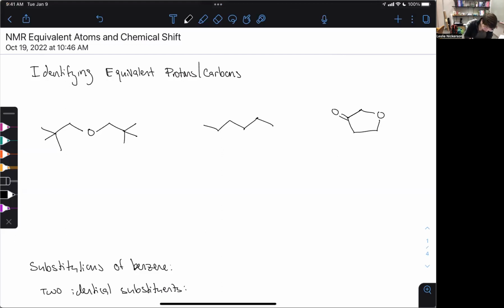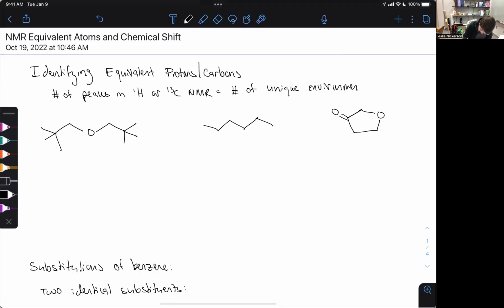The key thing we want to keep in mind here is that the number of peaks in a proton or a carbon NMR equals the number of unique environments. Anything that is in an equivalent environment is going to show up under one peak.